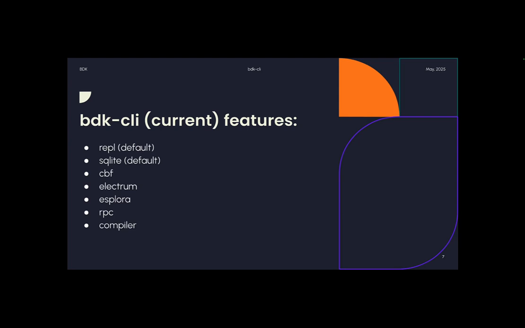It's a server client that helps to index the entire blockchain and allows us to pull that information from there. And then you also have the Explorer, which is built on the BDK Explorer library.